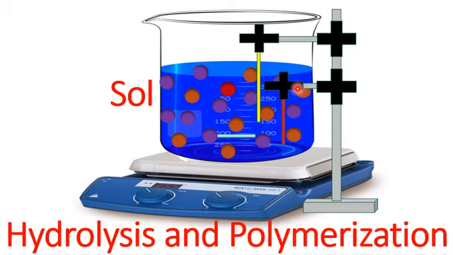Another important effect to notice here in the hydrolysis step is the stirring rate. A higher or lower stirring rate will result in different uniformity of composition of the nanoparticles and also the size of the nanoparticles.